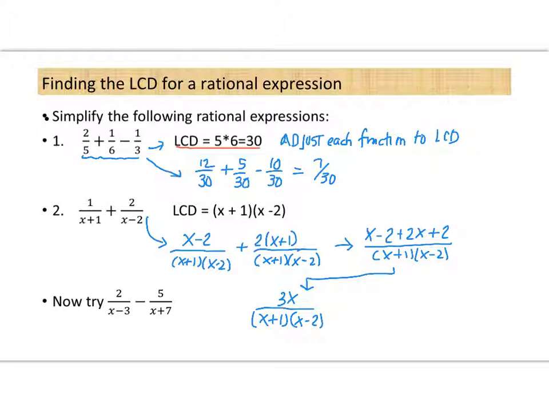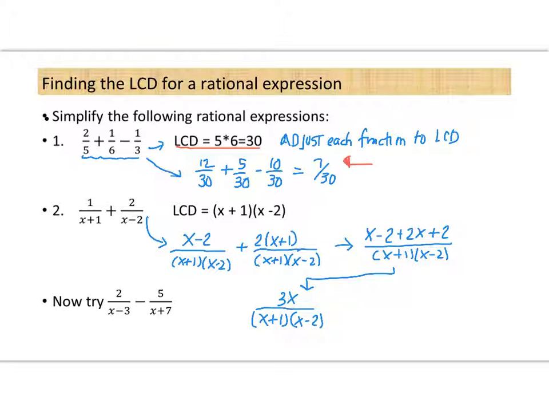In the second fraction, or the second term, I multiply both the top and the bottom by 5 to get 30 on the bottom. And in the last fraction, I multiply both the top and the bottom by 10 to get minus 10/30. Now I just add the numerators across, and you can see that I get 7/30. So that is my answer for the simplification for the first expression.